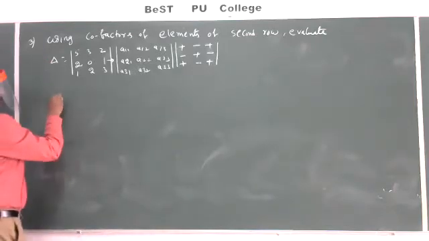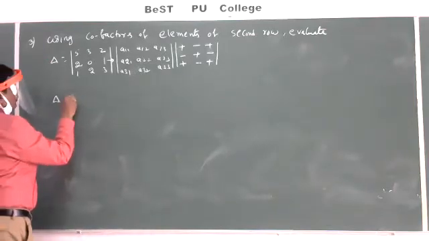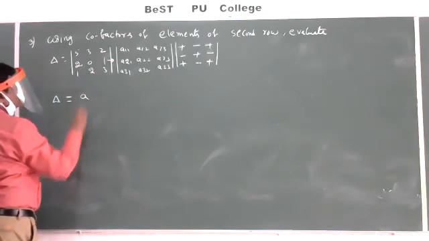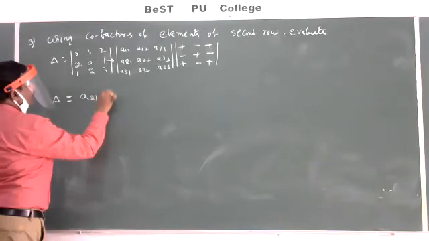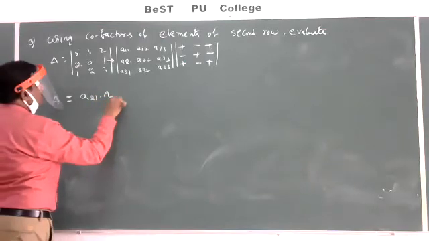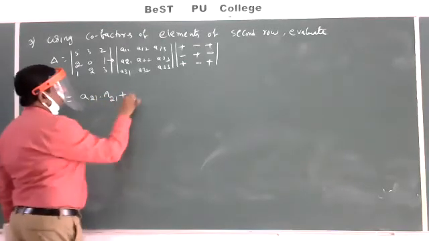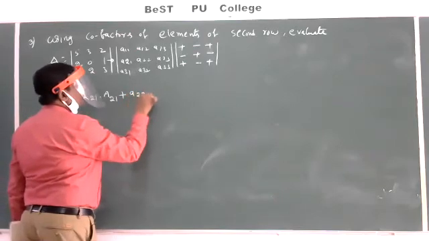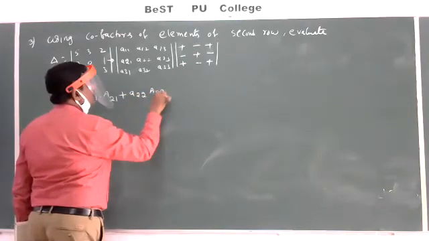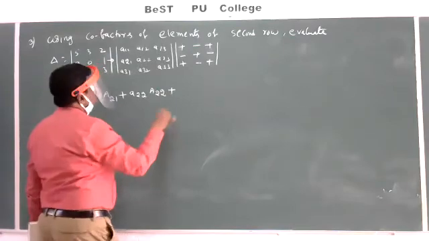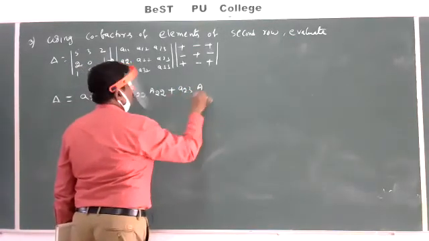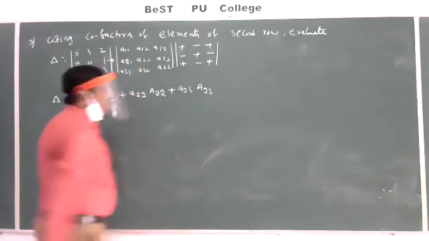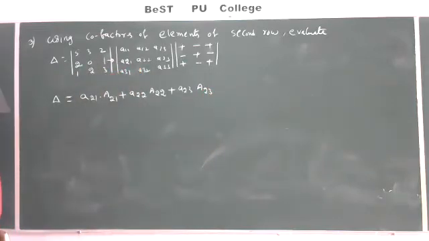Delta equals, you have to consider the second row elements and second row cofactors: a21 capital A21, plus a22 capital A22, plus a23 capital A23. Using the second row cofactors, you have to find the determinant value.